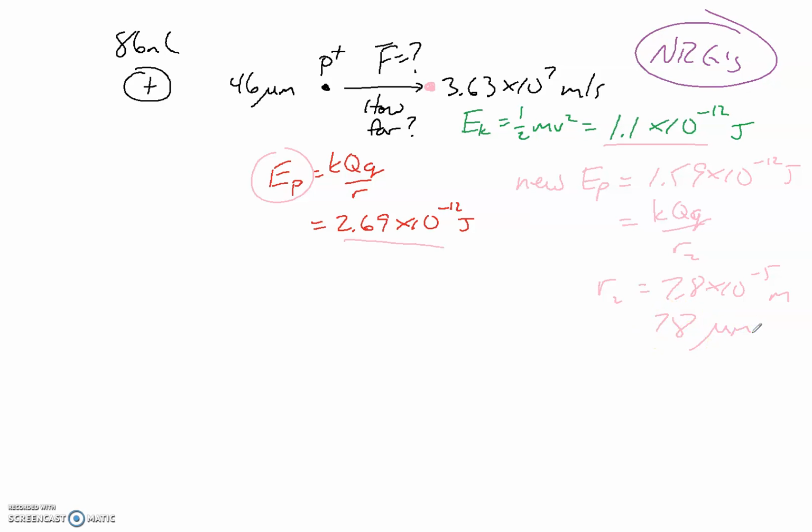But that's the radius from the initial big positive charge, and I want to know how far it went. The initial radius was 46, so I started at 46. The new radius is 78. All I have to do is subtract the two, no big deal, and we've got about 32 micrometers. So the proton went about 32 micrometers to go from one place to the other.